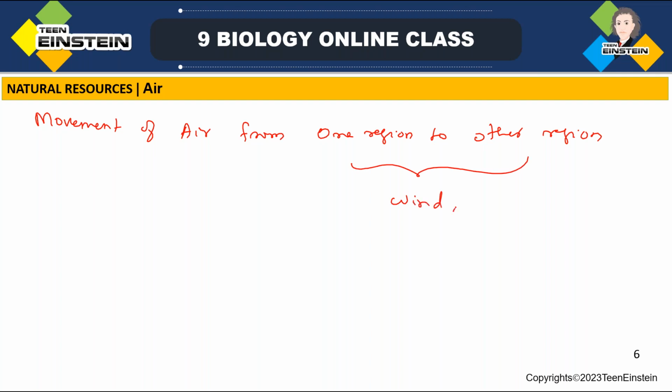So what is happening? When the air rises, a region of low pressure is created and the air over the sea moves into this area of low pressure. So the movement of air from one region to the other region is called wind, right?